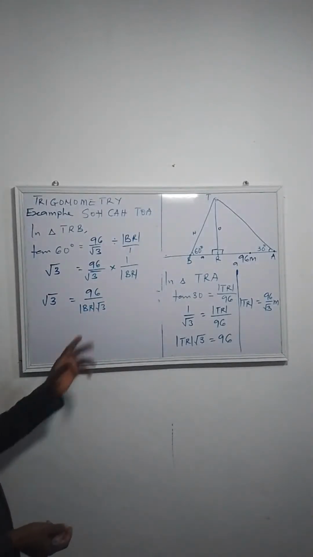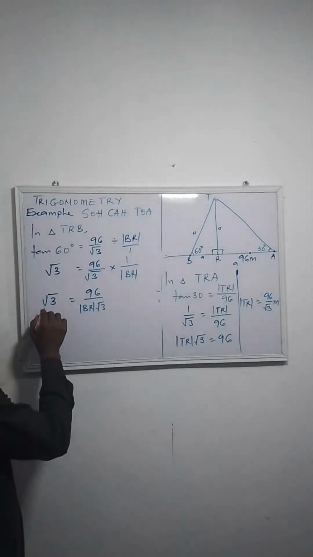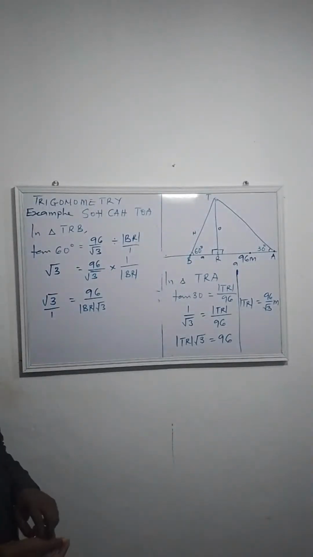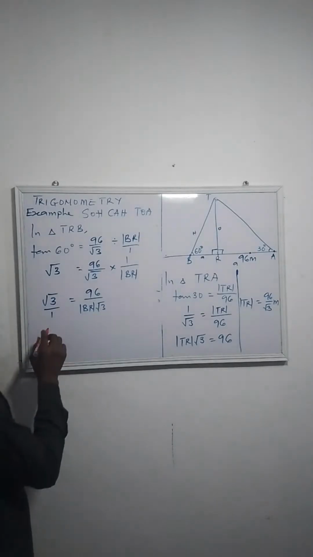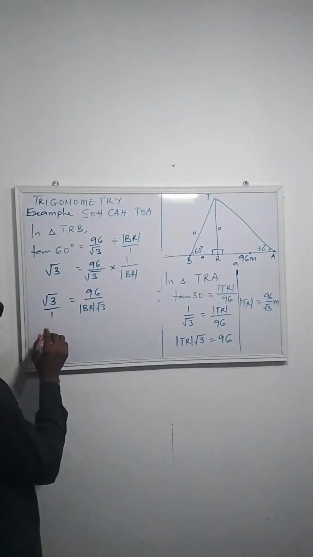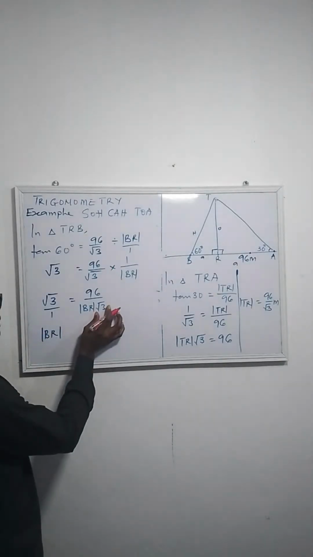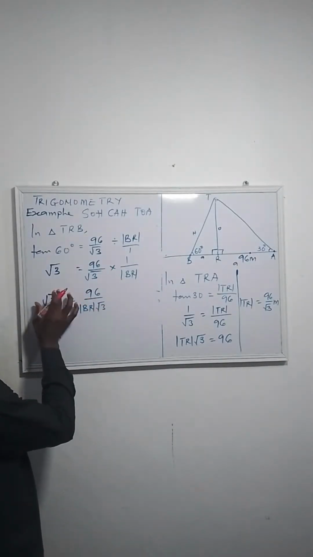Here you can cross multiply. So this multiplies this, and now this, we have BR.